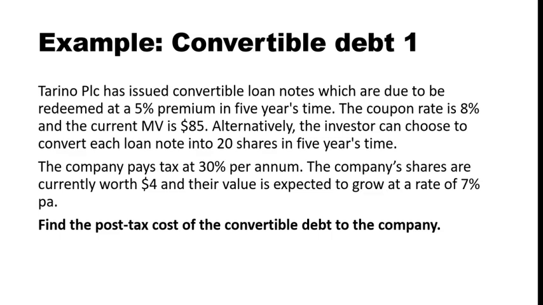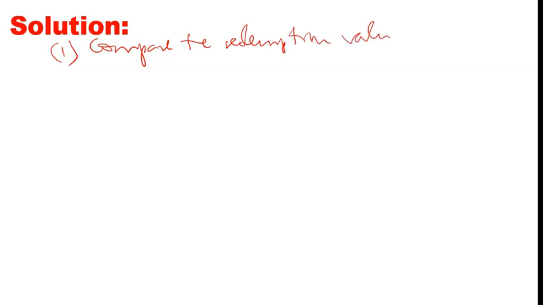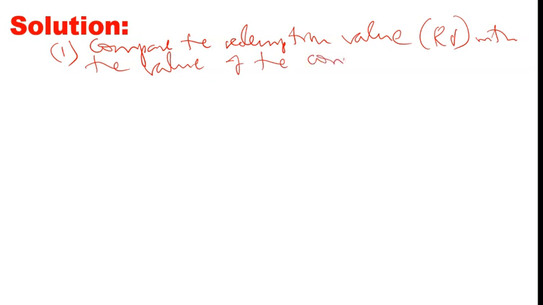Find the post-tax cost of convertible debt to the company. All right, so the first step is to compare the redemption value, RV, with the value of the conversion option.